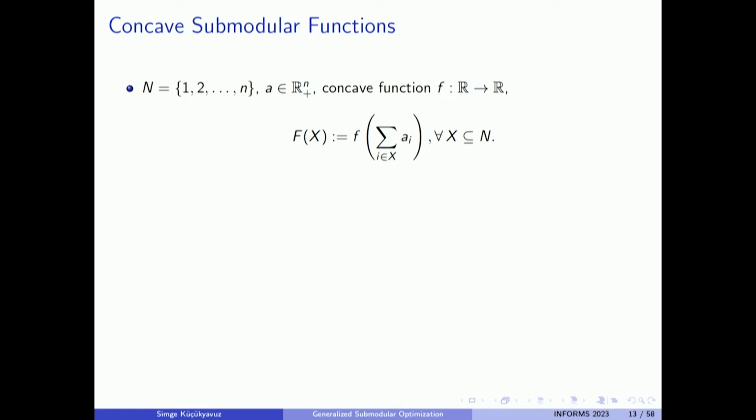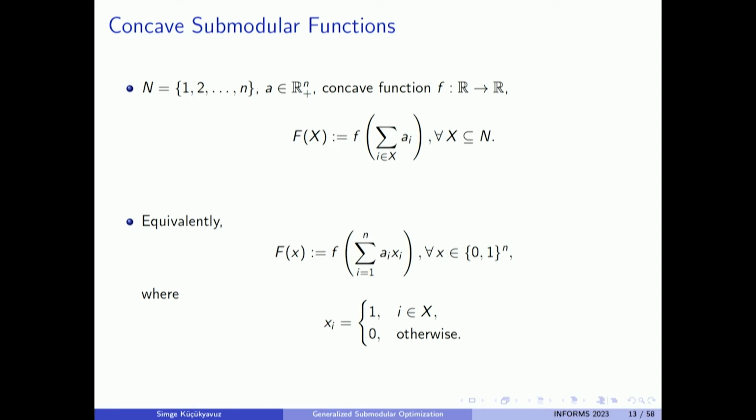So this is going to be the particular form that we're looking at. Ground set N as before, concave function f, and we're going to look at non-negative weights ai for each i in N, and we're looking at f of the sum of ai for i in X. So that's the set function we have as capital F of X, and it is composed of this concave function f and the summation of the weights ai, i in X, for all X. So again, I'd like to think of things in terms of binary variables or integer variables.